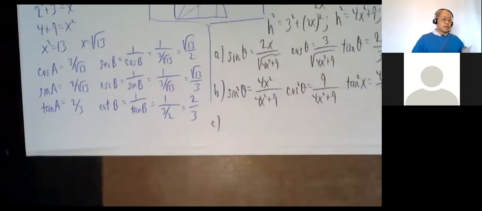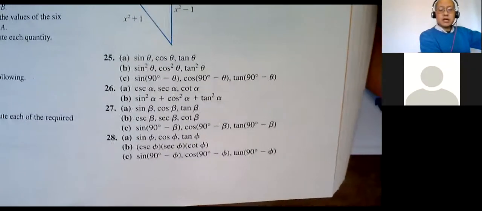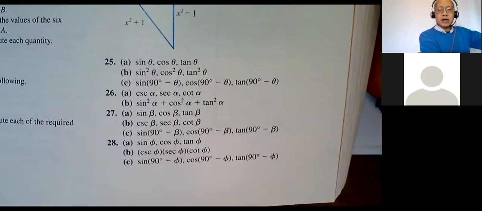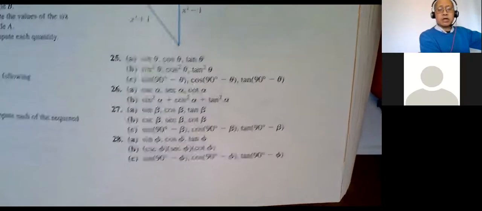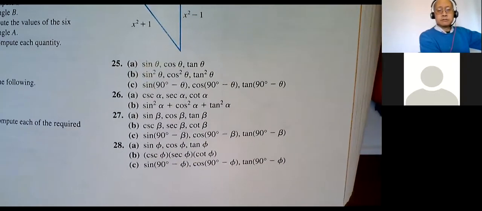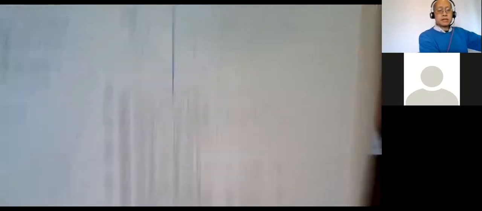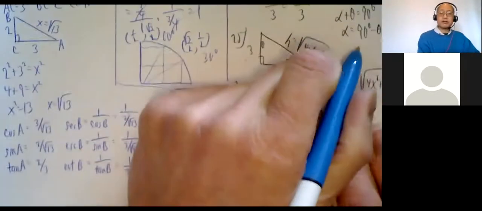And for C, to make it easier for me to write, notice for 25C, see how it goes 90 minus theta, 90 minus theta, 90 minus theta, right? I'm just going to write alpha, because that's what it is. Alpha was 90 degrees minus theta.